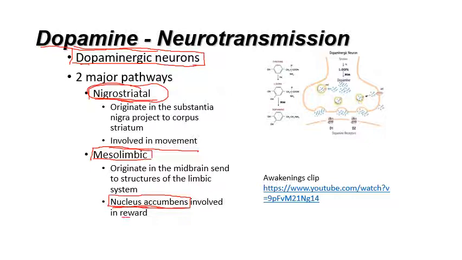It gives you a reward sensation. So even though some of the effects of those drugs are bad for you, you feel great and euphoric because it is activating this reward system in the brain. Okay, so the two pathways, one heavily involved in movement and the other an addiction or reward pathway.